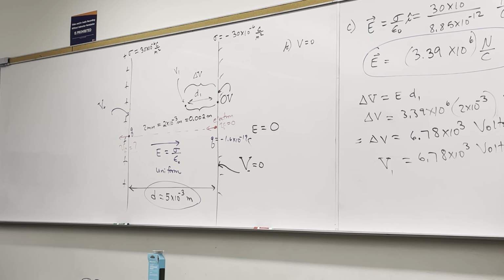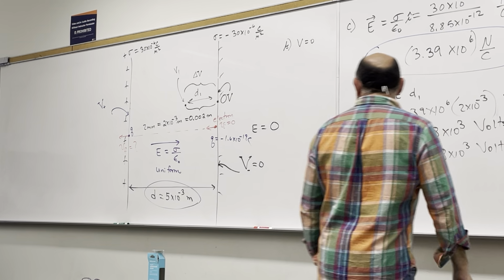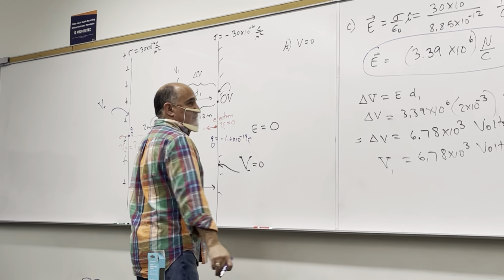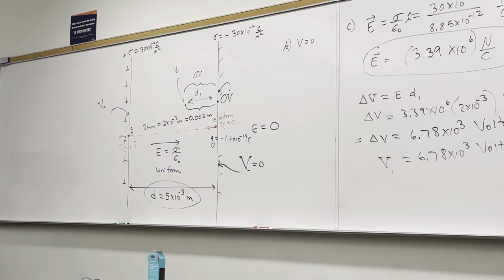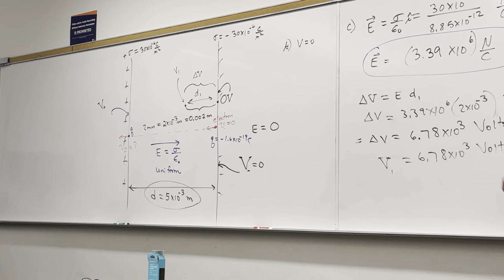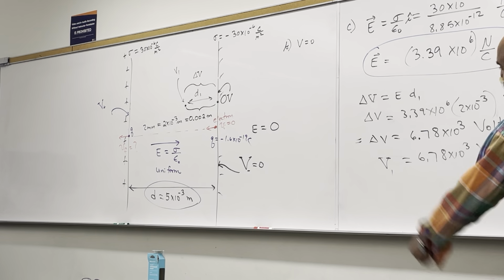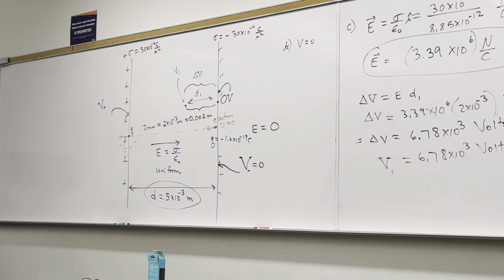So V plus minus V minus, but this is 0, is the potential difference, which is E times d, the distance between the two. That's 3.39 times 10 to the 6, and the distance between the two plates is 5 times 10 to the minus 3.